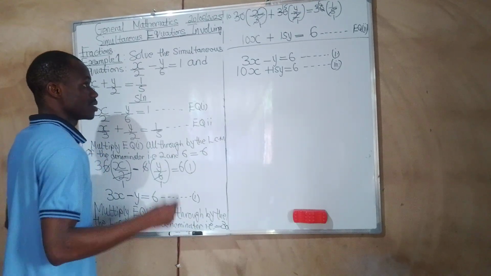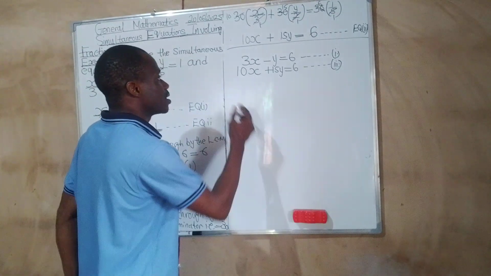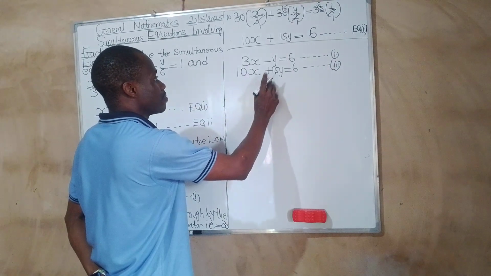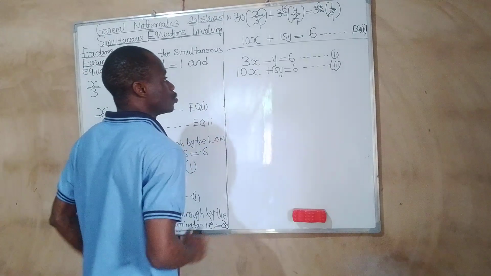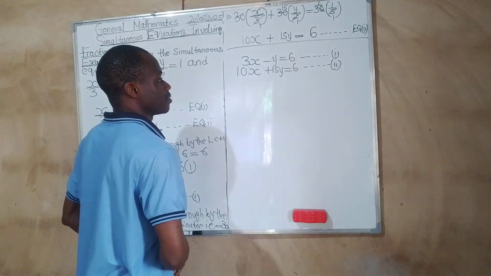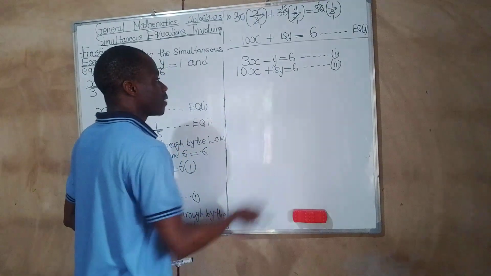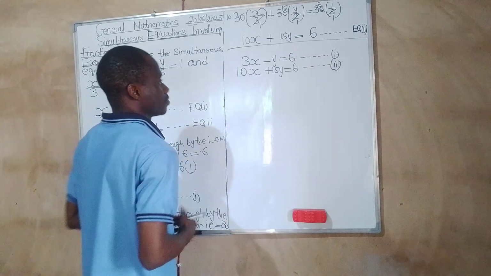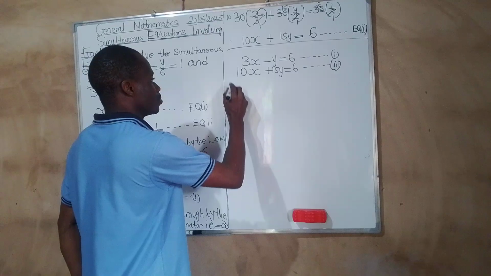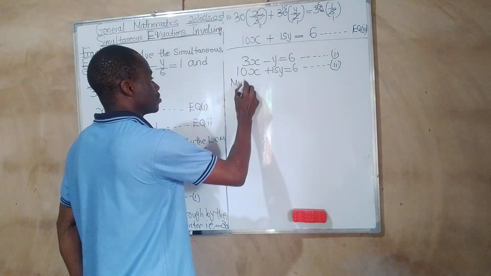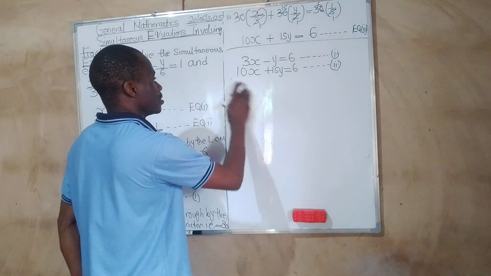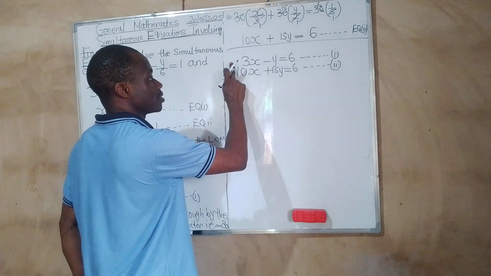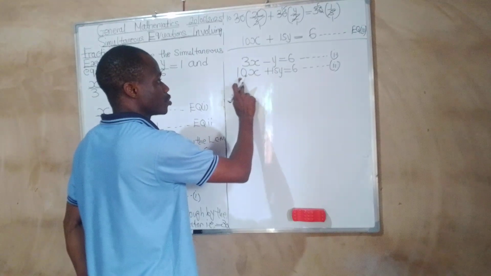To do this elimination, you say multiply equation 1 all through by 15. Then multiply equation 2 all through by 1. There's no need of writing all these things in words. Just listen attentively.